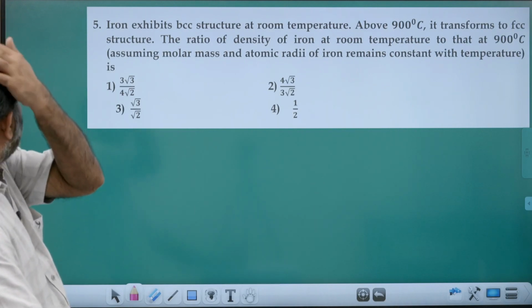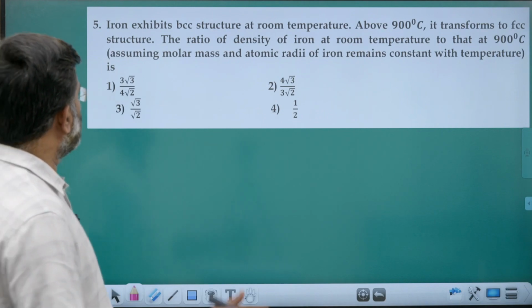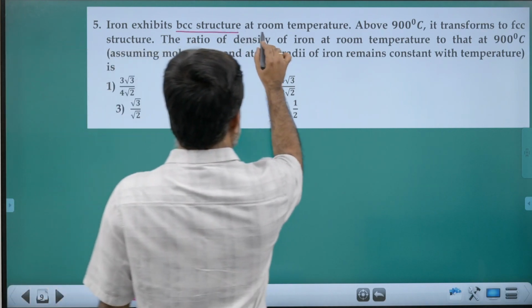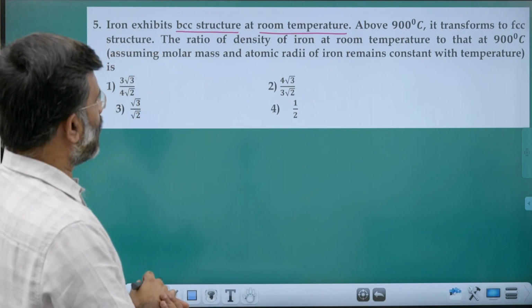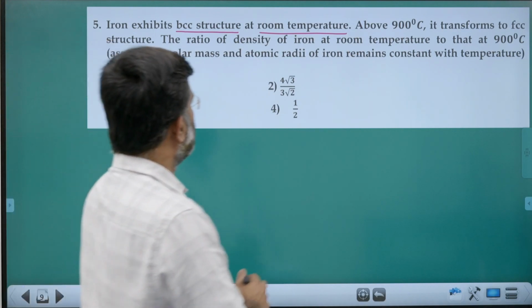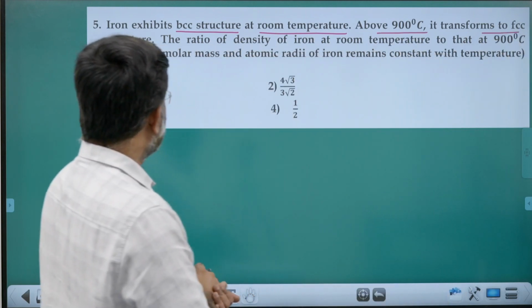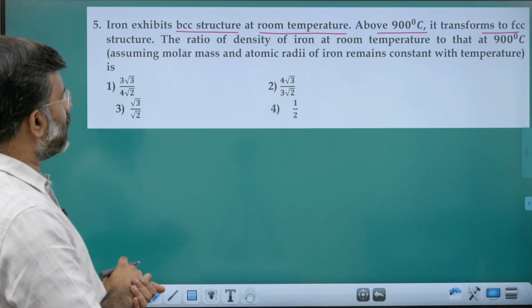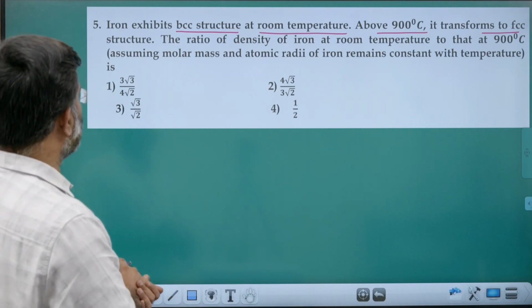Next one. Iron exhibits BCC structure at room temperature. Above 900 degrees Celsius, it transforms to FCC structure. So above 900, it is changing to FCC. The ratio of density of iron at room temperature to that at 900 degrees Celsius.